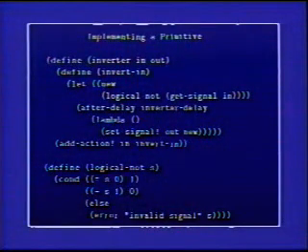Now, inverter has two wires coming in, an in and an out. Okay. And somehow, it's going to have to know what to do when a signal comes in. So somehow it's going to have to tell its input wire, and now we're going to talk about objects, and we're going to see this in a little more detail soon, but it's going to have to tell its input wire that when you change, tell me.